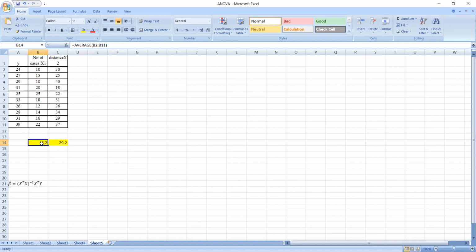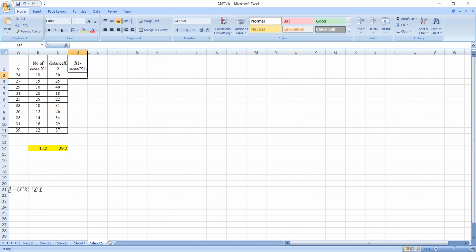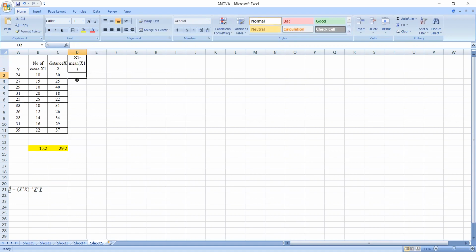That is x1 bar is 16.2 and x2 bar is 29.2. So now we can calculate x1 minus the mean value of x1, that is x1 minus x1 bar.